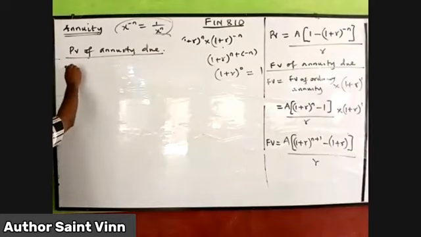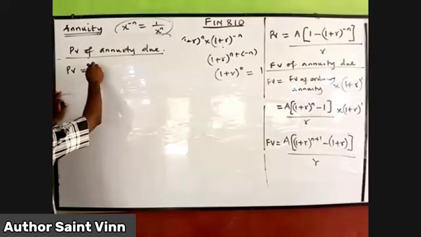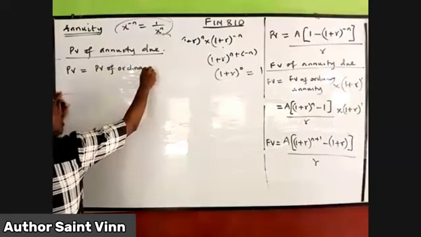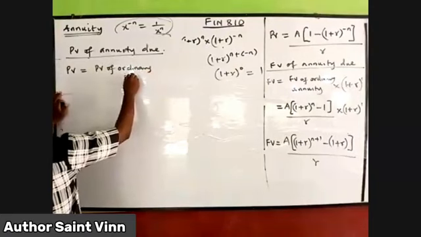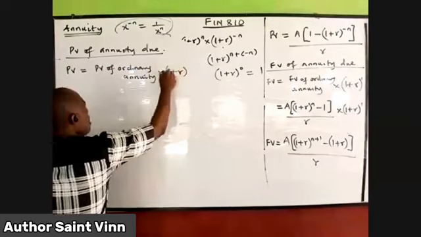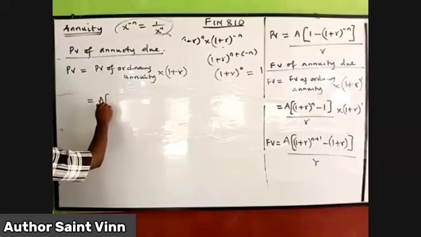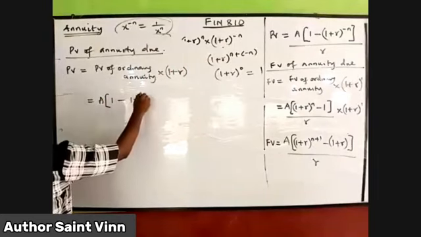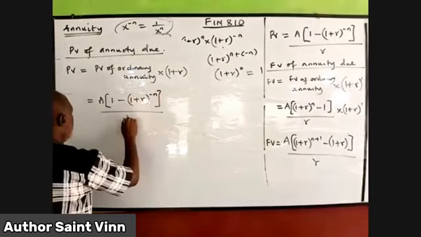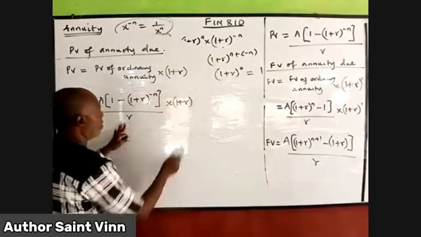The present value of annuity due will give us the present value of ordinary annuity multiplied by 1 plus r. What was the formula here? A times 1 minus (1 plus r) all raised to power minus n. Is that the formula? Let me know whether these people are getting it here. Is that the formula I wrote before? Yes.